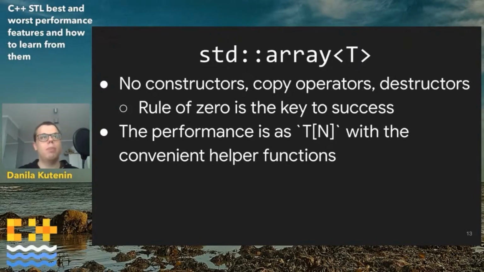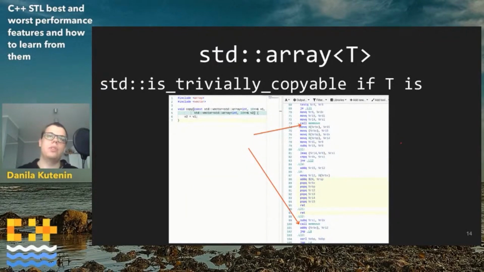So it basically sticks to the rule of zero, and this is one of the first things I would like to say. Rule of zero really results in so-called triviality of types. If your type is trivial, for example, it contains some integers, some pointers, and you don't provide any copy operators, destructors, or constructors, then your type is going to be highly optimized.